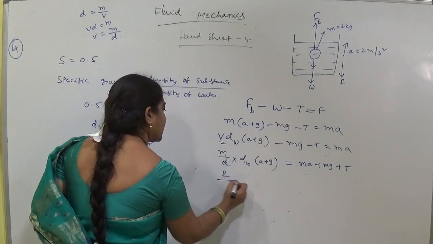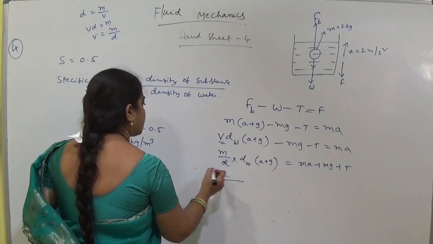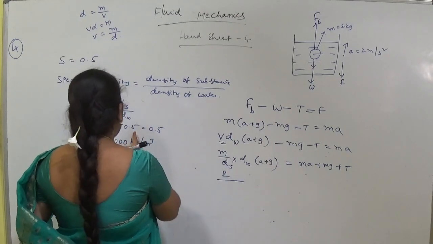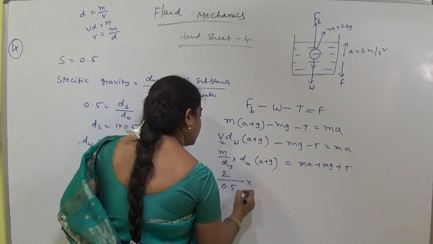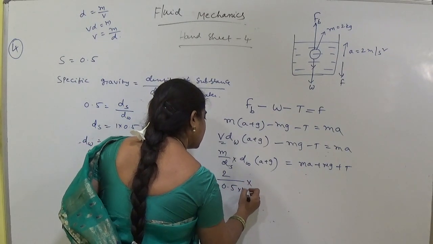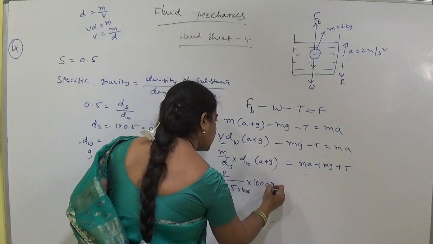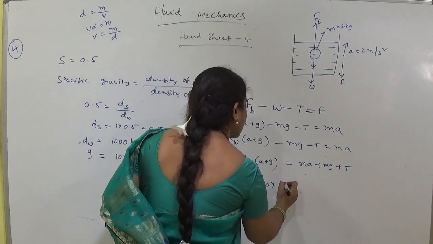M value is 2 kg. Density of substance value is 0.5 into 1000, into A plus G, which is 12.